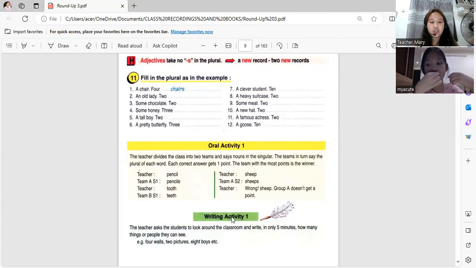In this writing activity one, the teacher asked the student to look around the house and write in only 5 minutes how many things or people they can see in your house.